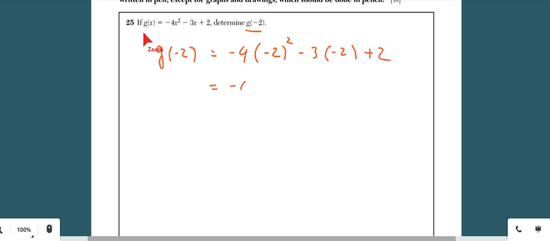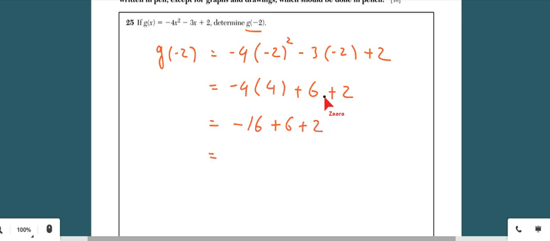So it will become negative 4, and negative 2 squared is 4, minus 3 times negative 2 will become plus 6, plus 2. Negative 4 times 4 is negative 16, plus 6 plus 2, so it is 8. So negative 16 plus 8, so the answer is negative 8.